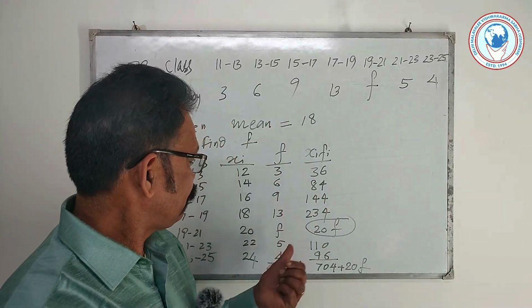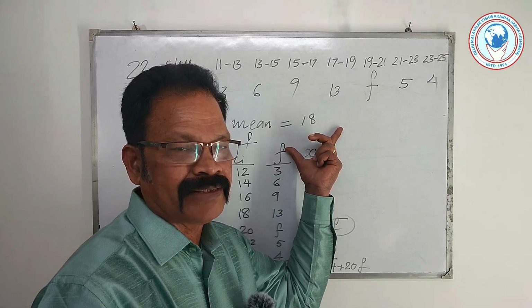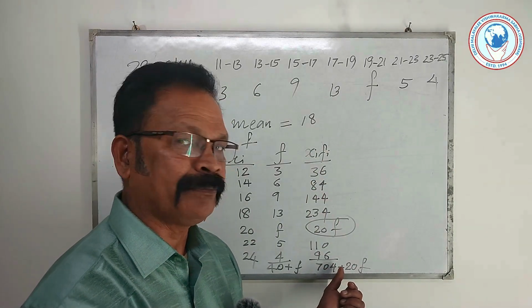Sum of frequency equals 40 plus f, and sum of xi fi equals 704 plus 20f.